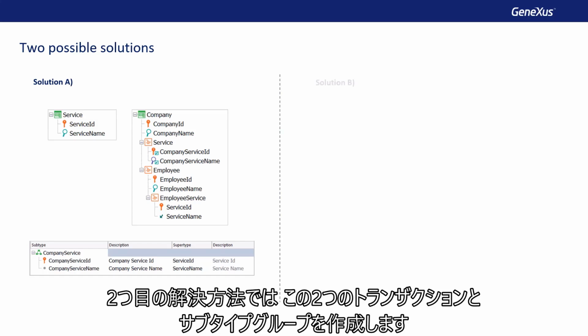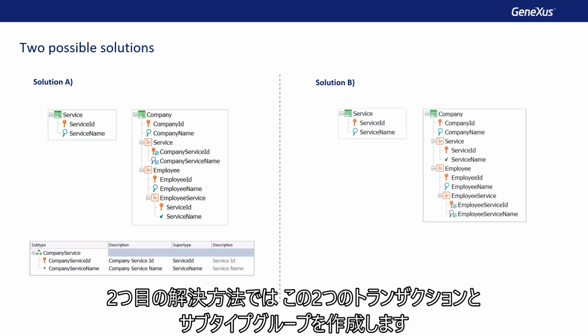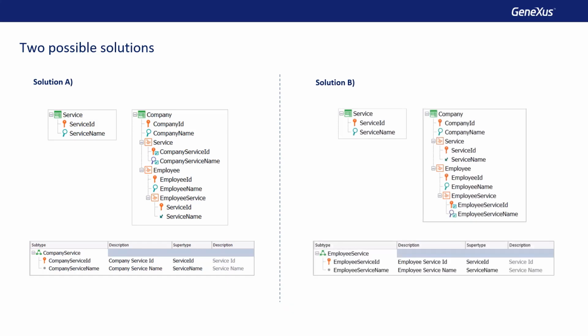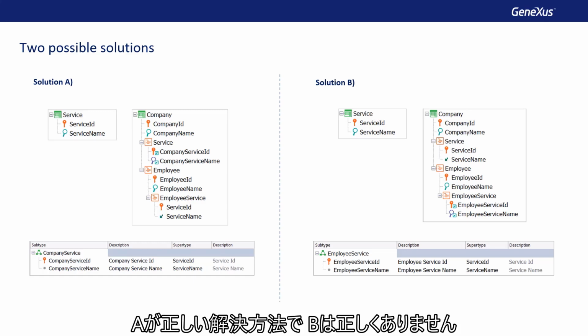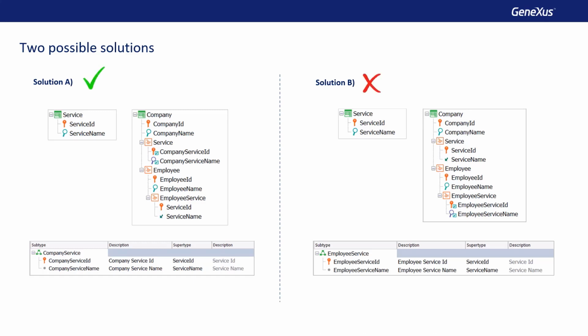And the second solution would be to create these two transactions and the following group of subtypes. A is the correct solution, and B is not.